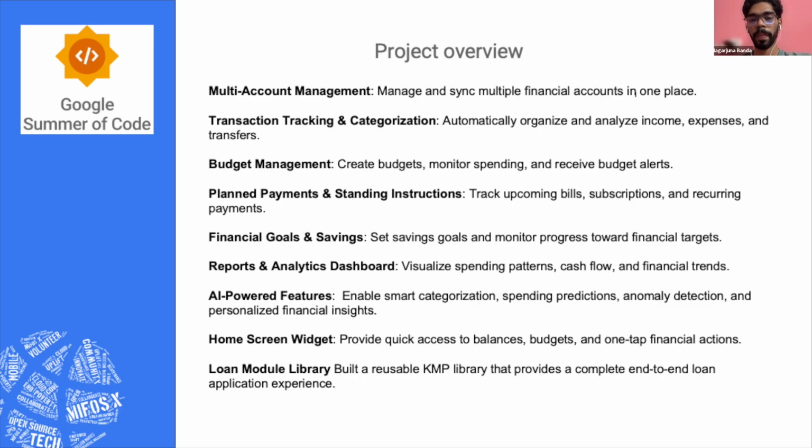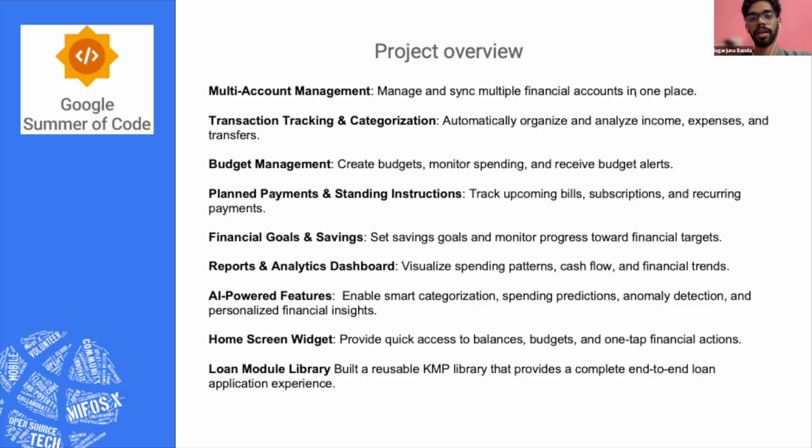And also a reports and analytics dashboard, providing a way of visualizing spending patterns, financial trends, income and expenses, basically charts visualizing all of these things. AI-powered features enable smart categorization, spending predictions, anomaly detection, and personal financial insights.